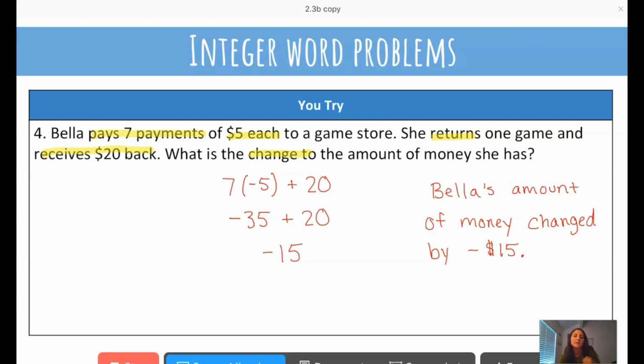So 7 payments of spending $5, so 7 times -5. But then she got $20 back because she returned the game. So then we can add 20 because we gained 20. And then you have a total change of -$15. So in the end, she only spent $15.